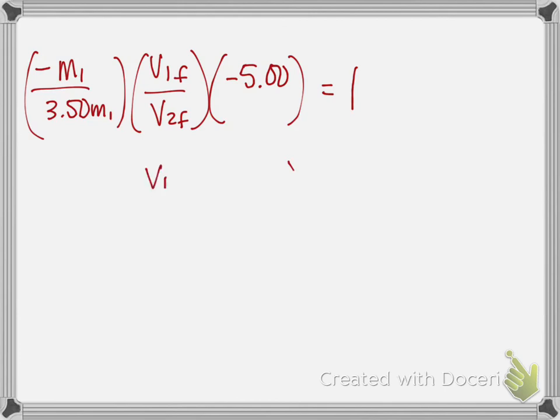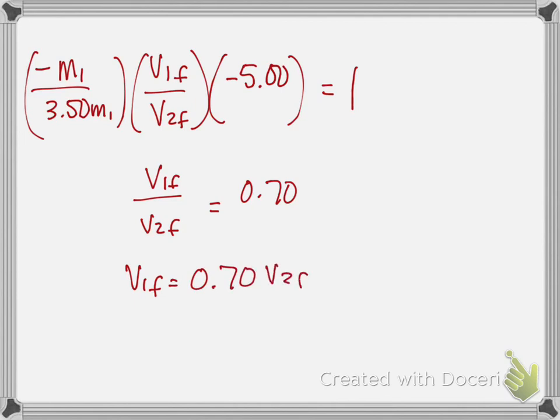So I can solve for the ratio of final speeds of the pin to the ball. And what I get is 0.70. So the ratio of speeds is 0.7, which means that V1F is equal to 70% of V2F.